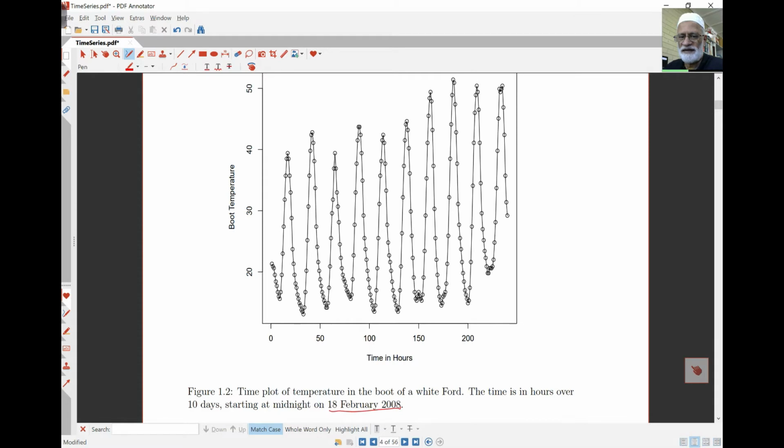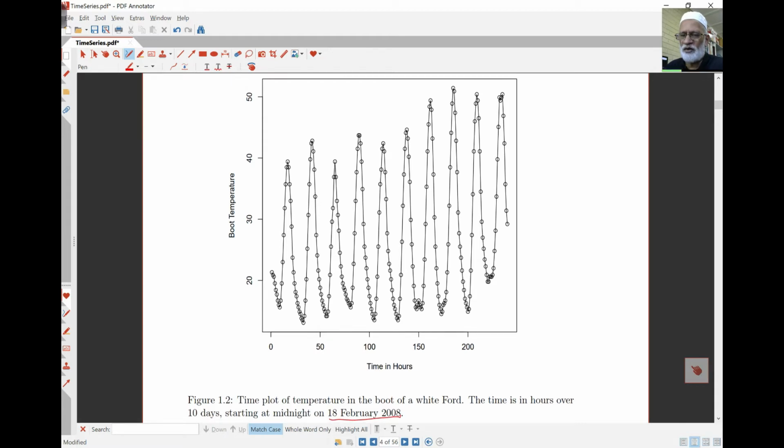So you can see the usual pattern you expect with temperature over the day, high in the day and then cooler in the evening, but not much cooler, still in the 10 to 20 range. But inside the vehicle itself, it can go as high as 50, as we can see. And because this is February, it looks like the February this year got hotter over the month from 18th onwards.